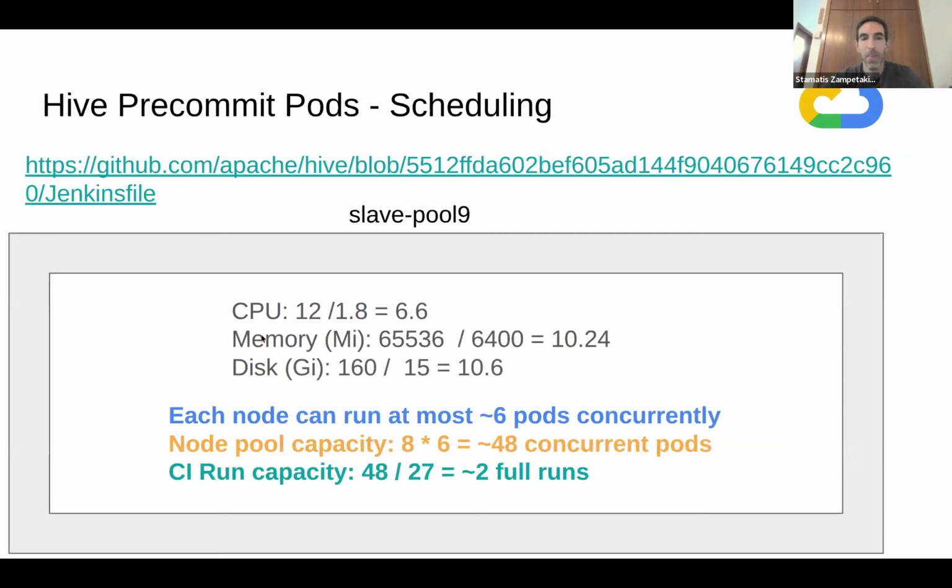So if we take the capacity that we have, 48 divided by 27, that is the number of pods required for each PR, we cannot run more than 2 PRs at any point in time. And if we put all this together, this is not much. Imagine that we are talking about runs, not branches, so a CI run on master is competing with a PR run.